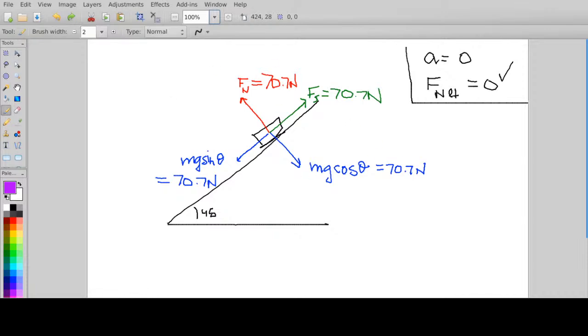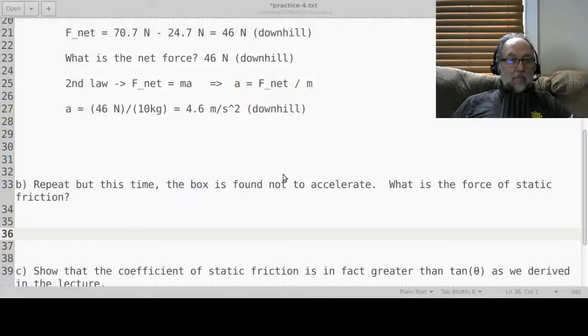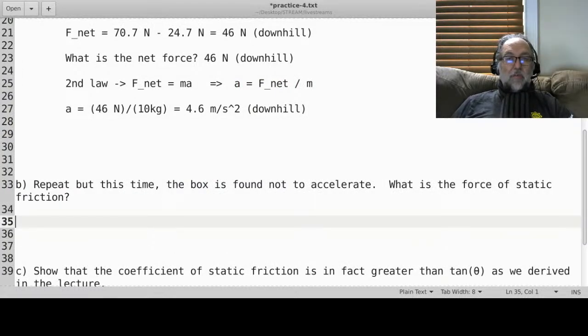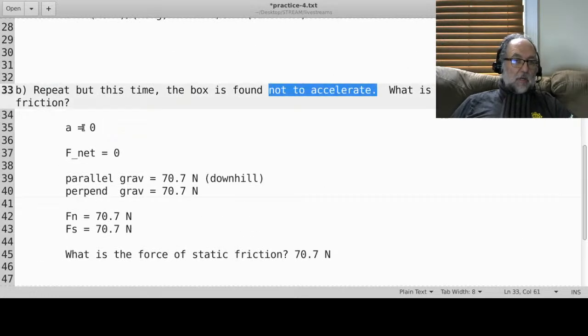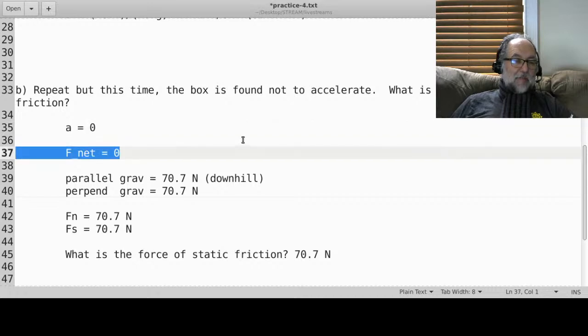Okay, now once you have that, we can go back to our other whiteboard here, and we can write down what we found. And let me just cut and paste that, because why not? Here's the reasoning, and the conclusion. Since A had to be zero, right, because there's no acceleration, F net has to be zero.